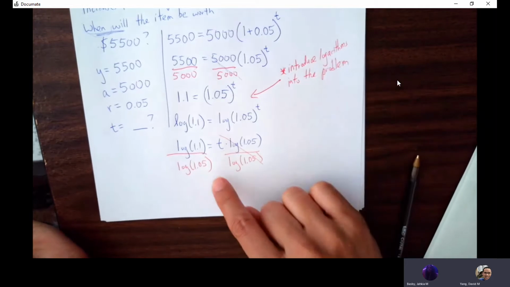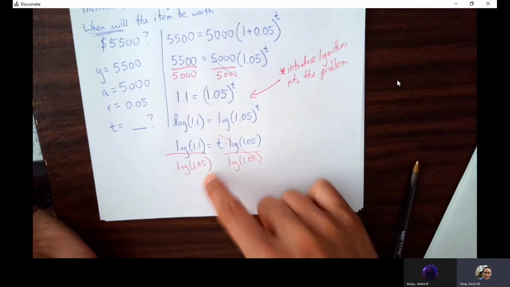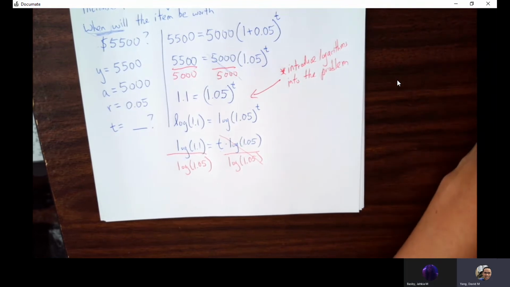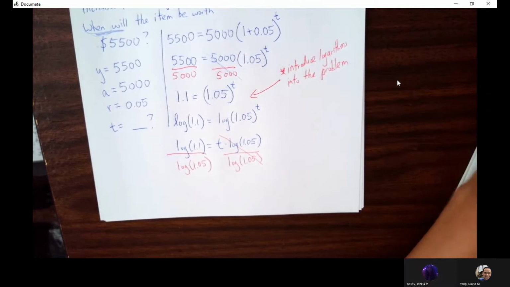Yeah. All right. Do you have a log button on your calculator? Let me see. I have to rotate it, right? Mm-hmm. All right, I got it. So let's see. Yeah, it's going to be log base 10.